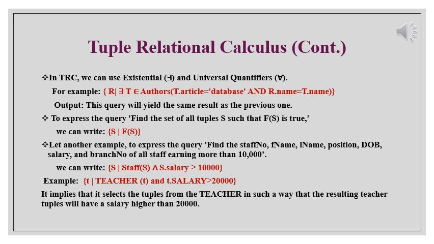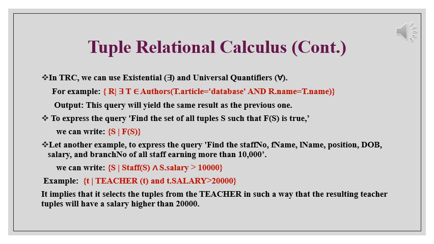Find the staff number, first name, last name, position, date of birth, salary and branch number of all staff earning more than 10,000. All these attributes belong to the staff relation.